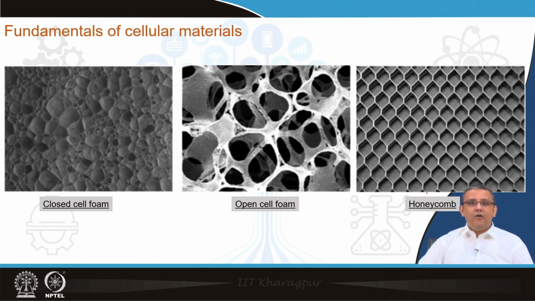The open cell foams, as you can see in the middle image, are extremely good for sound absorption, because as sound energy enters the open cell foam, due to multiple reflection and refraction, the sound energy loses its energy, and that is why the cellular solid works very well as a sound absorbing material.